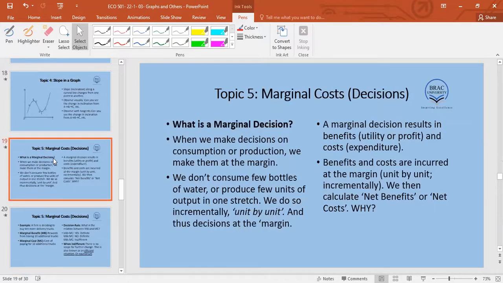Marginal decision. What is it and how does it influence our decision making? All of us here have probably done an undergrad economics course, right? Whether that was in the business school, engineering school, or economics major, we must have come across the concept of marginal decisions.